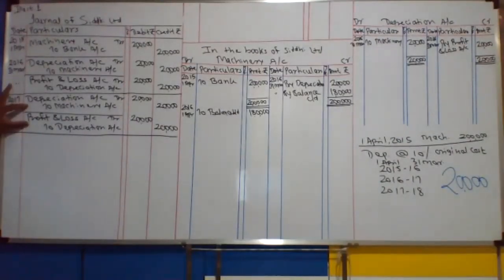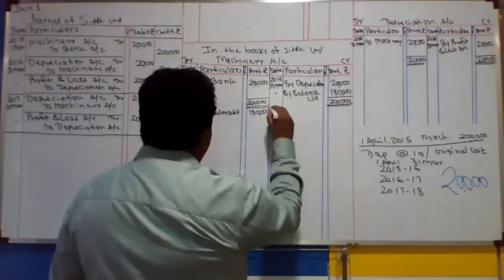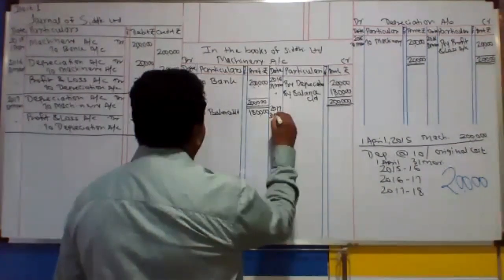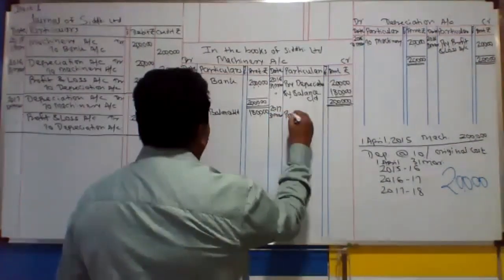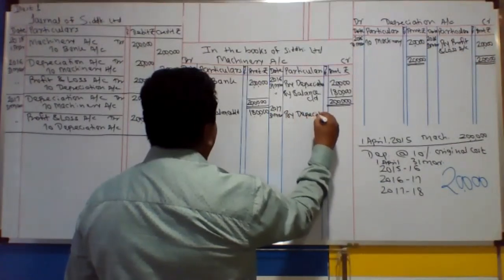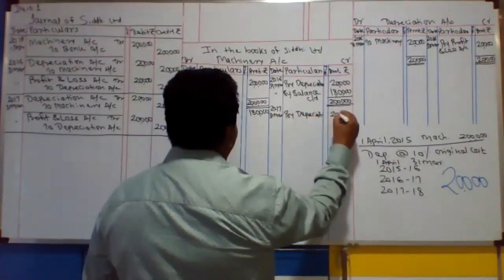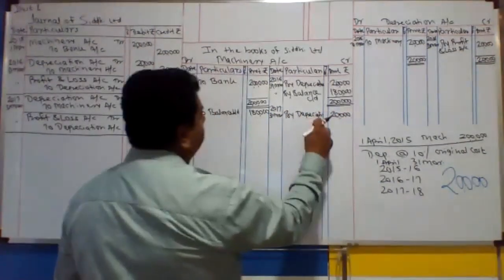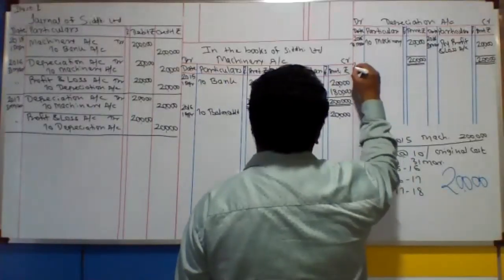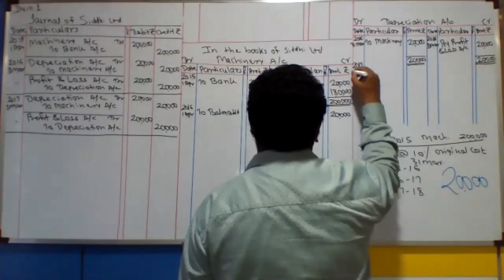चलो अभी ये 2 एंट्री का पोस्टिंग करना है हमको. So 2017, 31st March. So that is a by depreciation, it is 20,000. मैं यहाँ पे depreciation लिखा है मान के चलो. Because of the space I cannot write it properly.